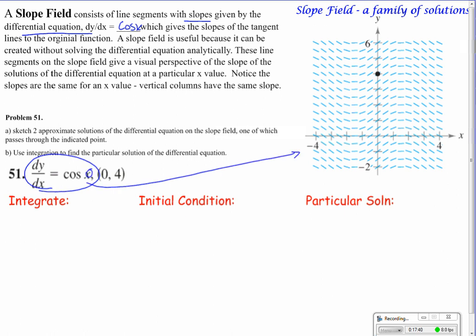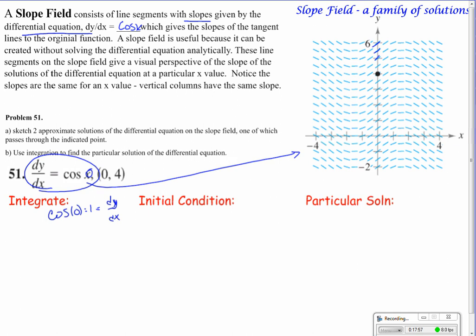Anytime I put in a value of x, cosine of 0 is 1, right? Cosine of 0 equals 1. Well, that is the dy/dx. That is the slope. And notice how we said that looks like about a slope of 1. Well, indeed it is.